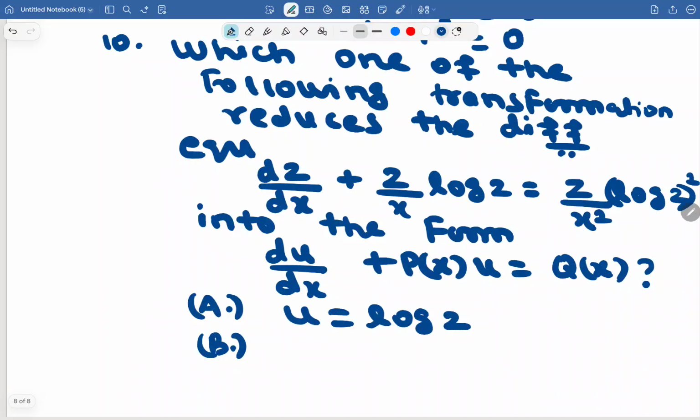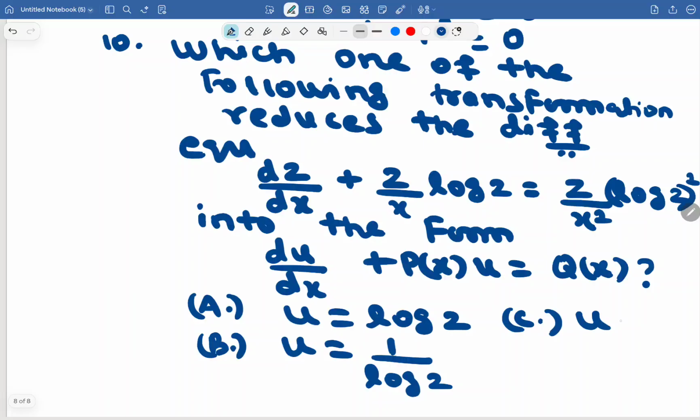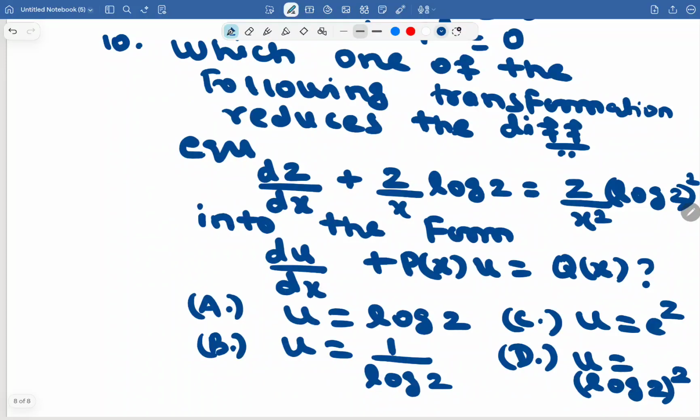Option B, u equal to 1 by log z. Option C, u equal to e power z. Option D, u equal to log z the whole square.